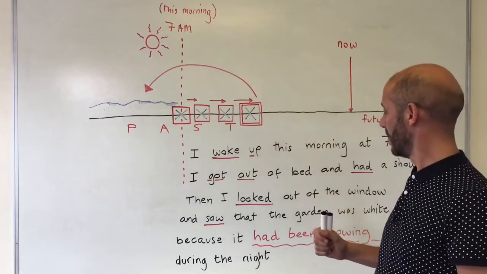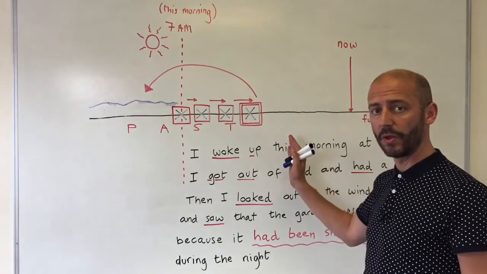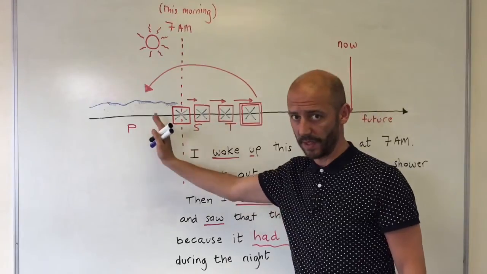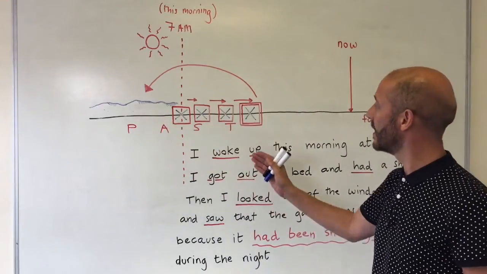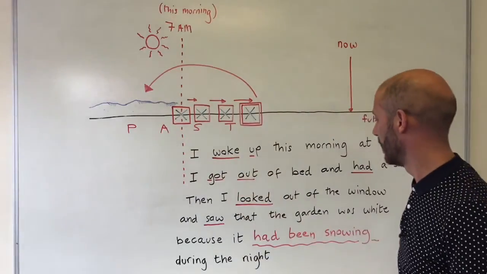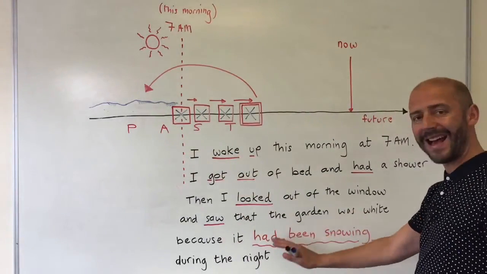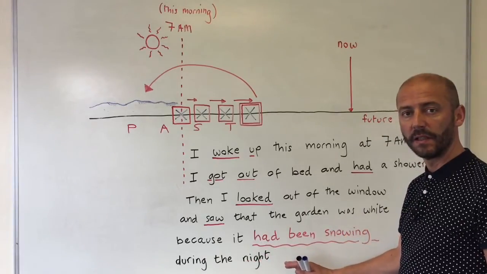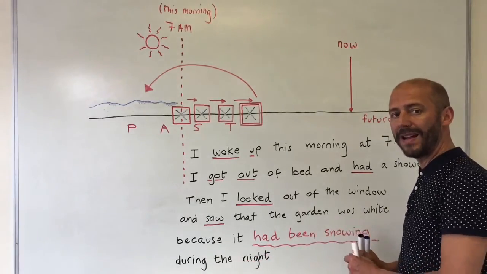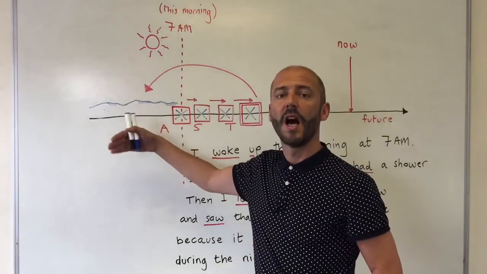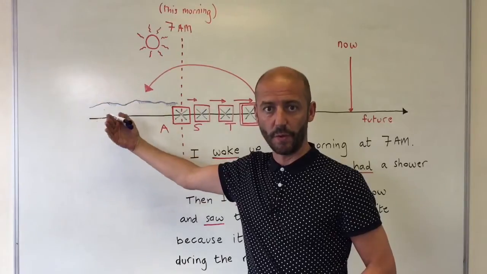However, now I want to talk about a time before this time. And to do this, I use past perfect because it had been snowing during the night. Here I've used past perfect continuous because it describes a longer action throughout the night.